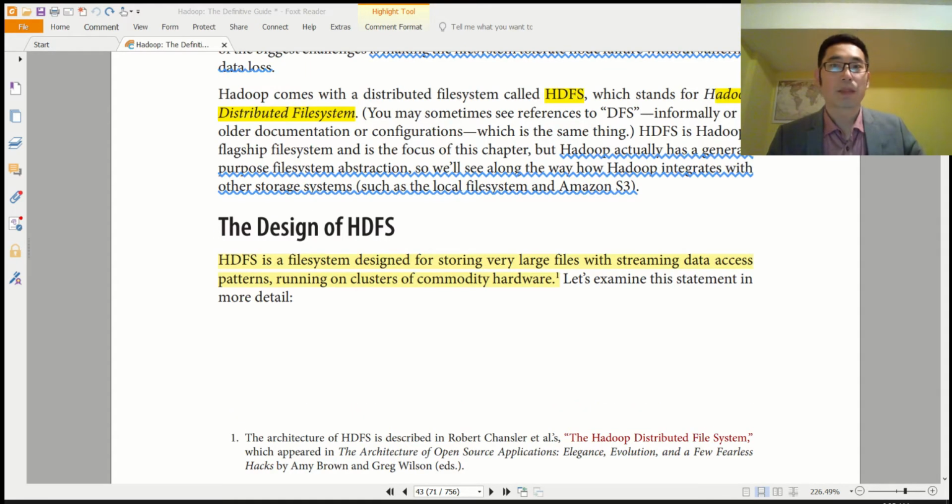The relationship between HDFS and the Hadoop system. As I said before, the Hadoop system is not one single piece of software. There are multiple pieces of software. The most important, fundamental components, we say there are three of them: MapReduce, HDFS, and YARN, Y-A-R-N.